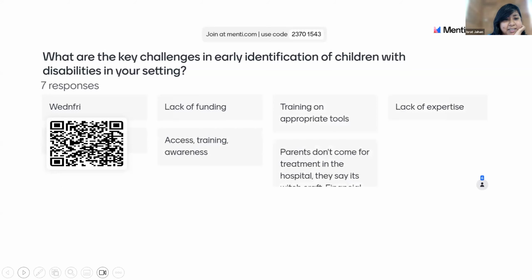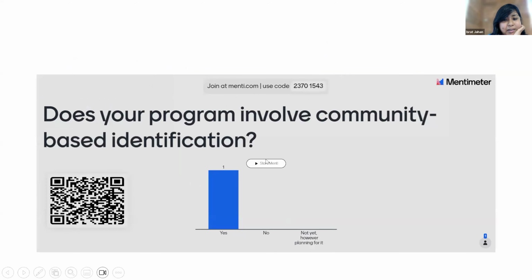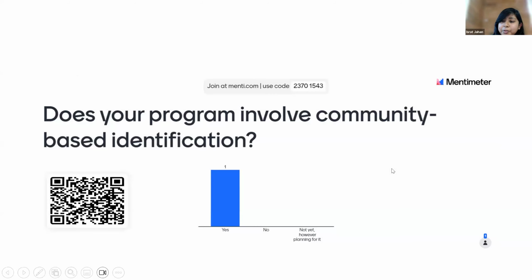Moving to the next slide. Does your program involve any community-based identification activities? Like, the place where you work or the setup you have, does this involve any community-based activities?